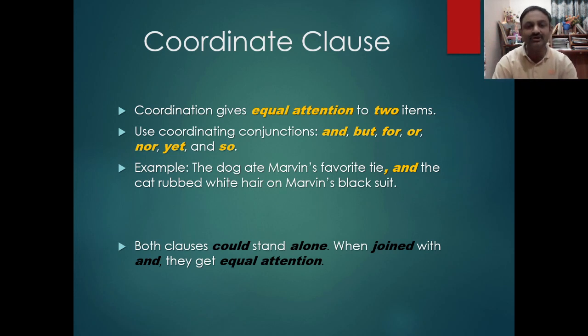Both clauses could stand alone. The first is the dog ate Marvin's favorite tie, and the second one is the cat rubbed white hairs on Marvin's black suit. So when both clauses could stand alone and are joined with and, they get equal attention. So the coordinate clause can be understood in a very simple manner. They are independent as individuals, but when they are joined with and, they get equal attention.